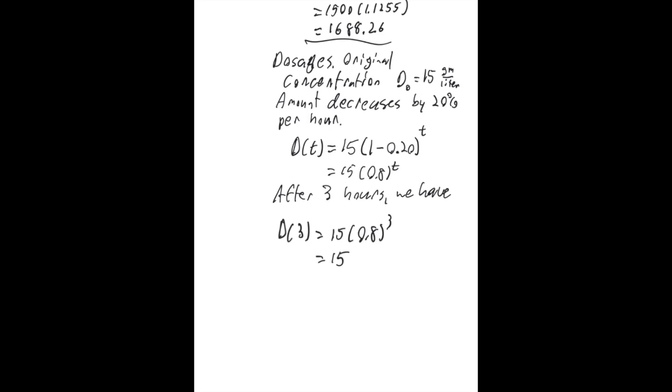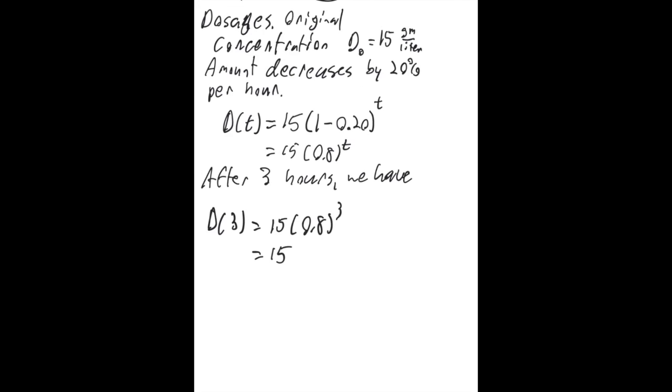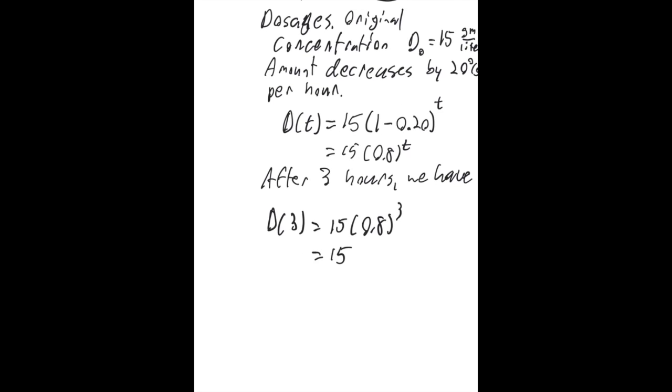And again, you could do this right along with me on your calculator. We go 0.8 to the third. On your calculator, you would look for a y to the x or x to the y button to do this part.